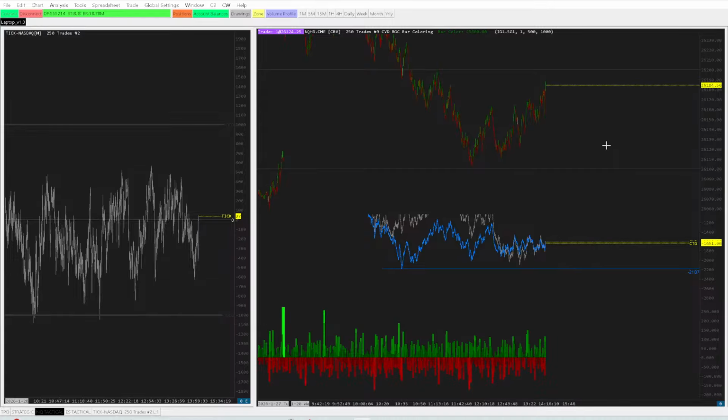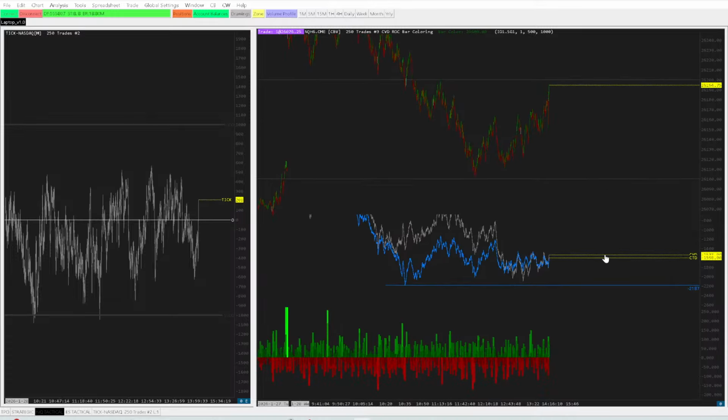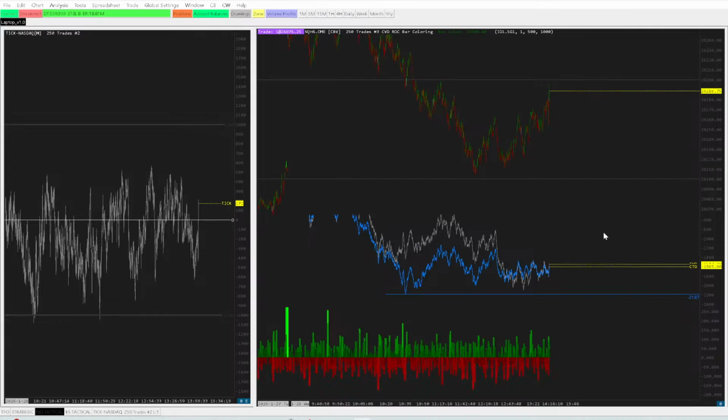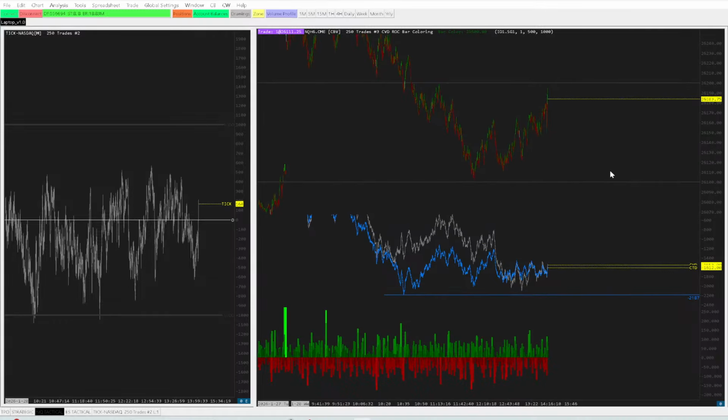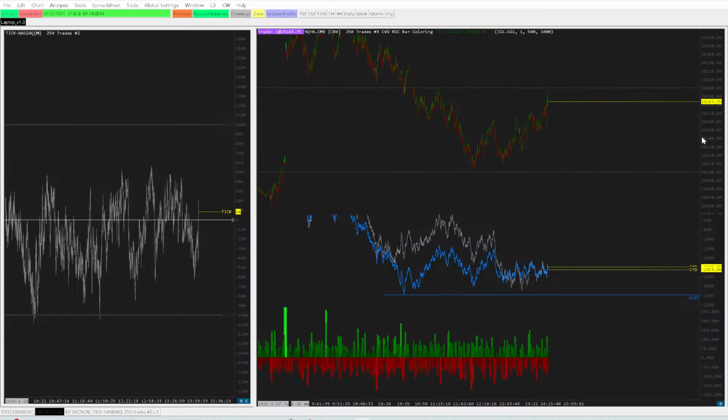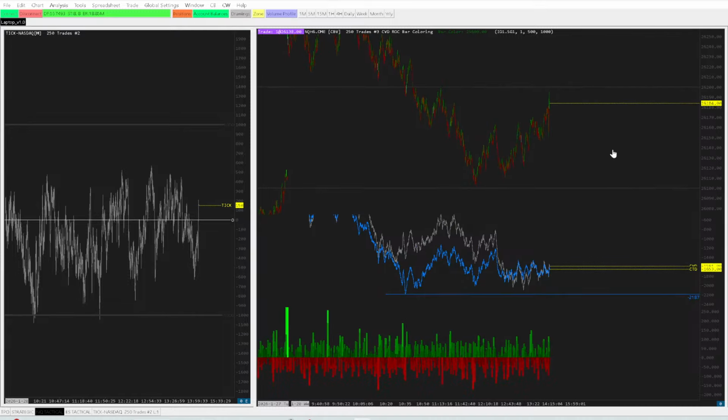SP, I had been kind of in a position there for a minute. Again, this is just... I wasn't in a position there because I was like, ooh, this is a really nice setup or anything like that.